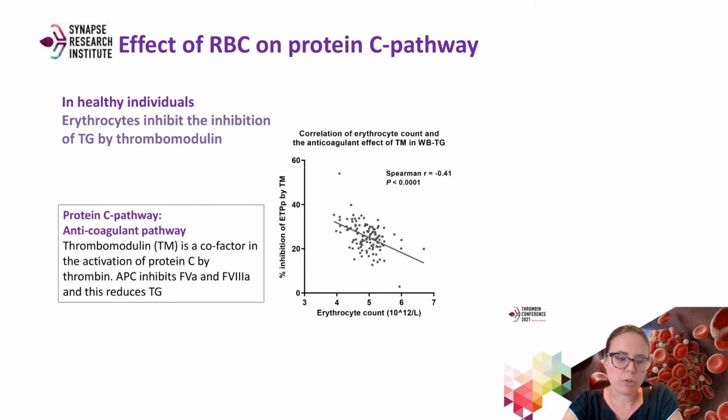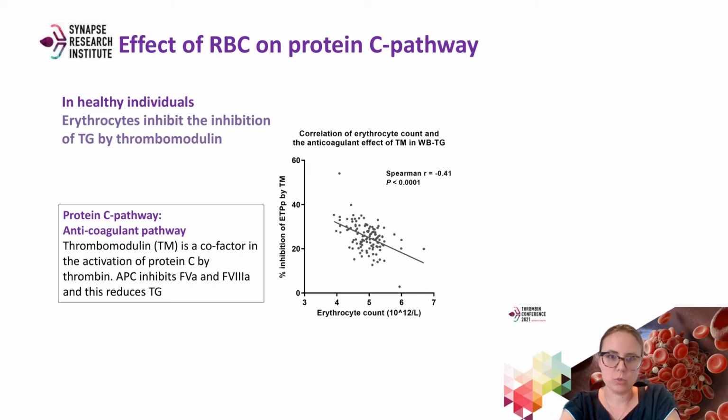So we performed the whole blood thrombin generation assay in the presence of thrombomodulin in a healthy population. Here we observed that the inhibition of thrombin generation by thrombomodulin was correlated with the erythrocyte count in whole blood. When the red blood cell count increased, we saw less inhibition of thrombin generation by thrombomodulin.